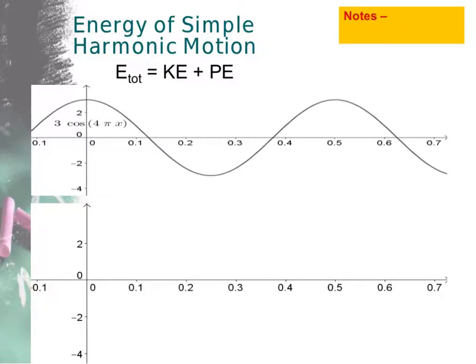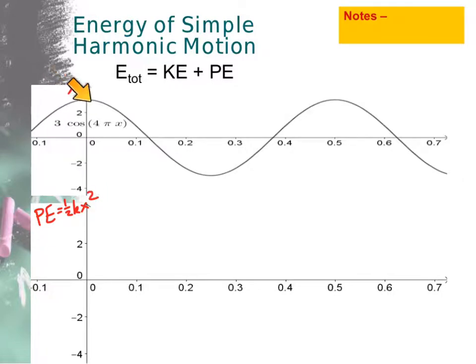Okay, let's actually plot the total energy, which is equal to kinetic plus potential, for our object in simple harmonic motion. So again, this top graph is its displacement versus time. And now let's plot its potential energy as a function of time, which is equal to 1/2 times K times x squared.